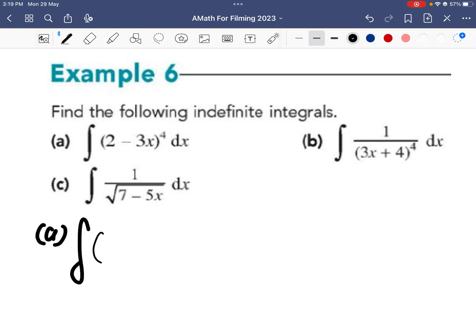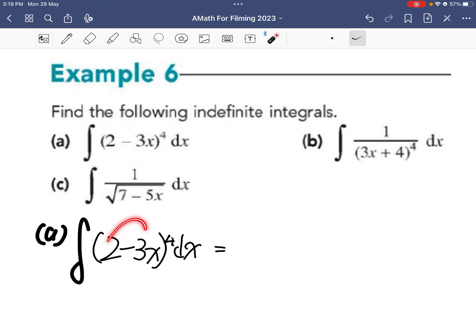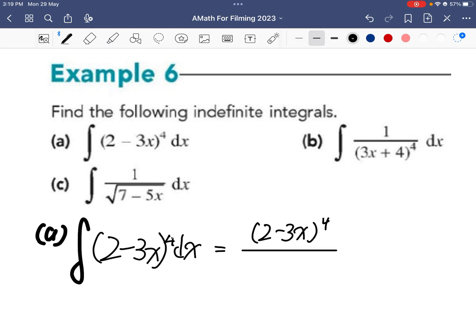For part A, I integrate (2 minus 3x) to the power of 4 with respect to x. First I differentiate what's inside. 2 minus 3x differentiated gives negative 3, so I divide by negative 3 first.